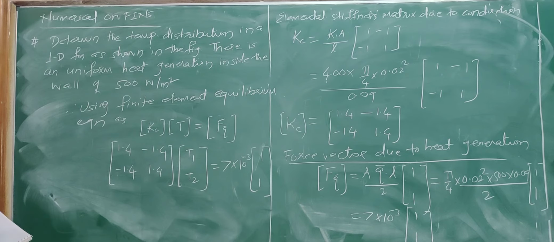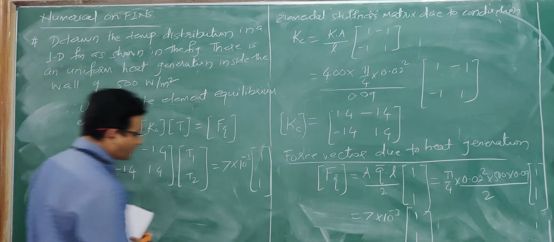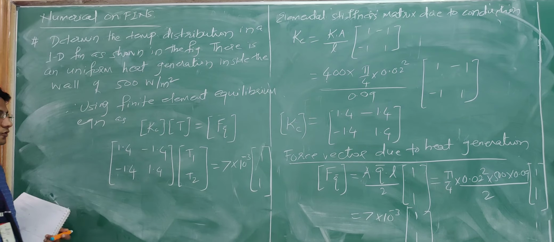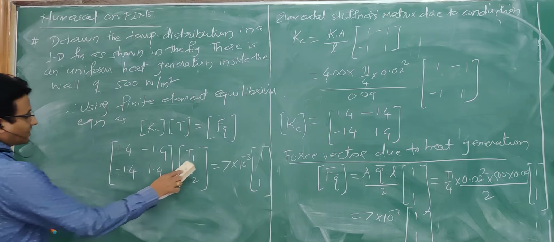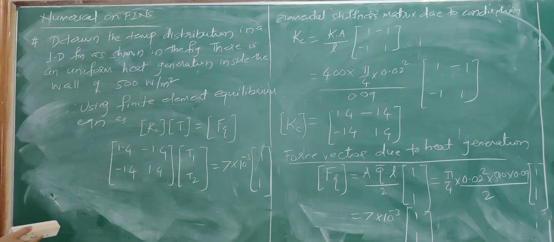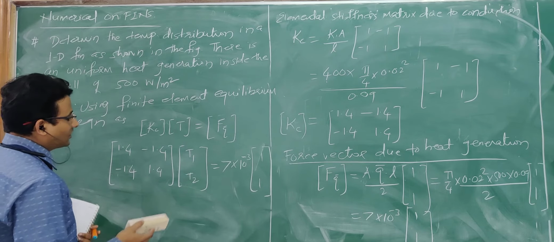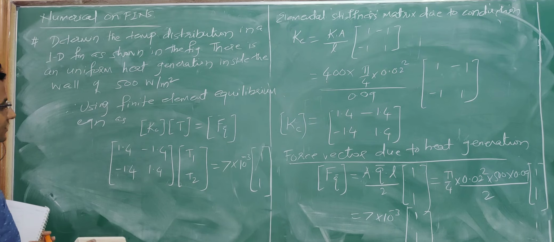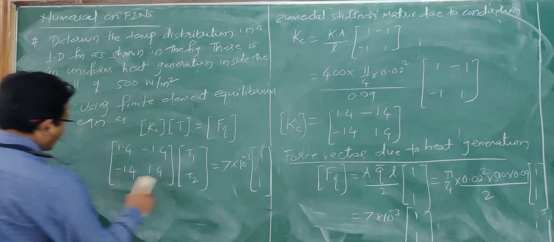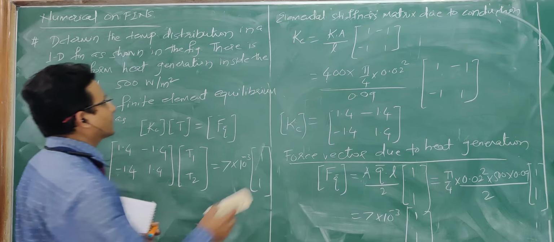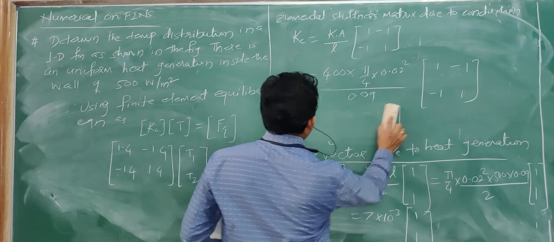Now again we are going to make use of the elimination approach, but as we did in the last problem, the same condition we need to apply. As the temperature T1 is given as 80 degrees centigrade, we cannot directly delete the first row and first column. We need to make certain changes in the second equation due to T1 equals 80 degrees centigrade. Then we can use the elimination approach.